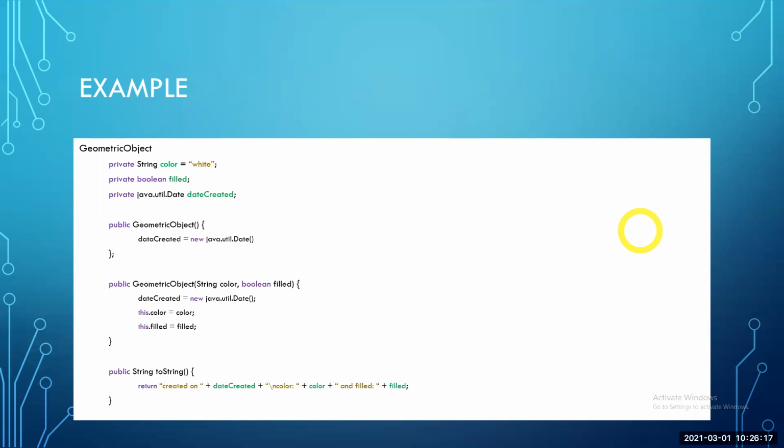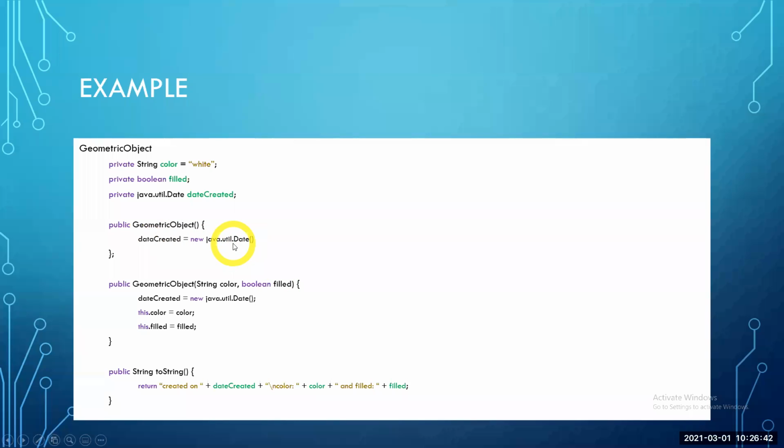Let's say we have a geometric object, just a general geometric object. It has 3 characteristics: color, field, and date created. This geometric object has 2 constructors. One is a default constructor with no parameters, and all we're doing is setting the date created equal to today's date.